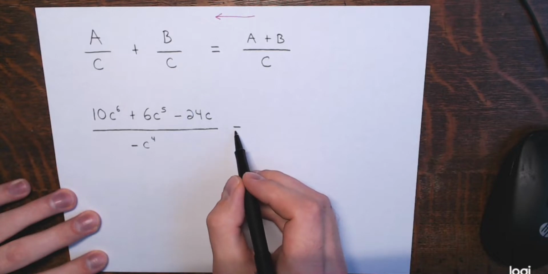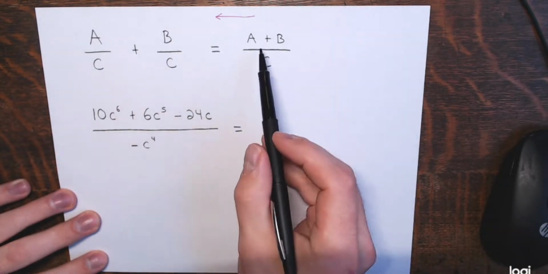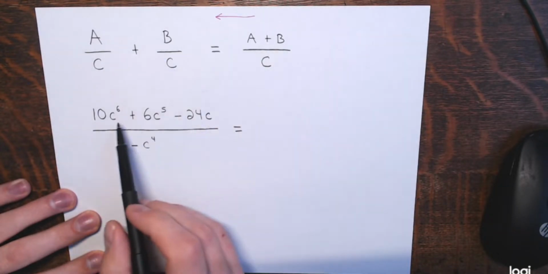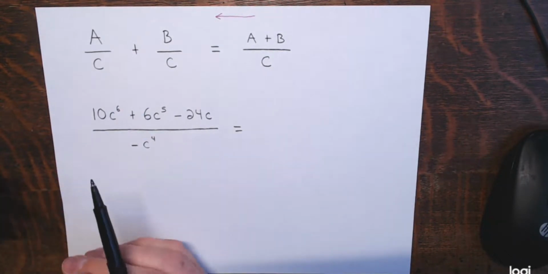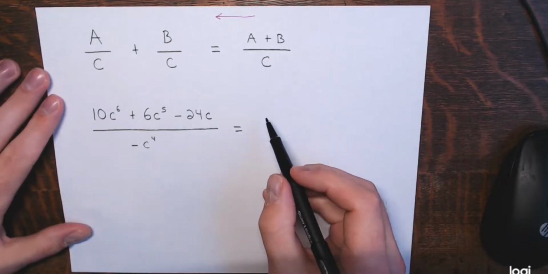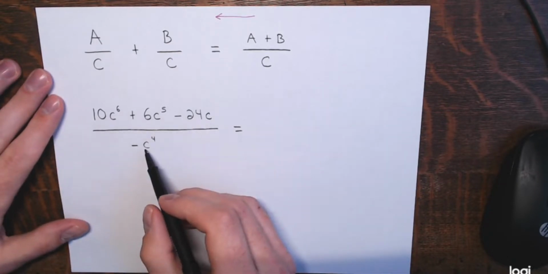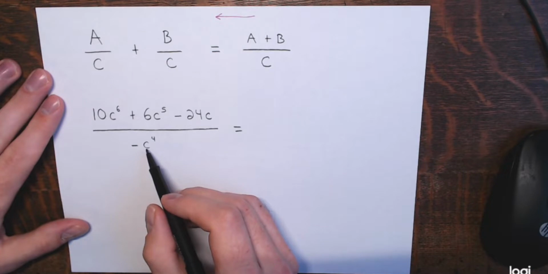All right, so as I was saying up here, if the numerator has multiple terms, like this has 3 terms, we're just going to split it up into the sum of 3 fractions, where each term in the numerator is divided by the monomial, the term in the expression in the denominator.